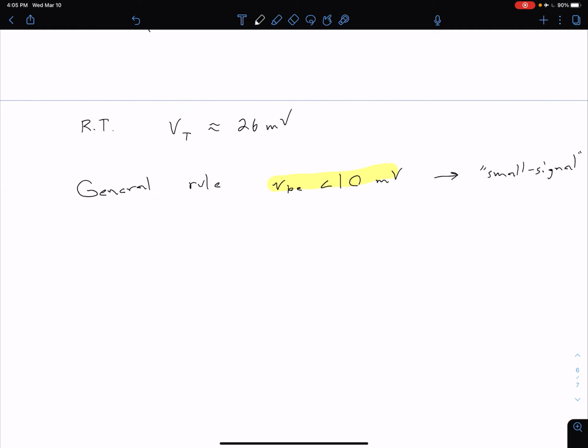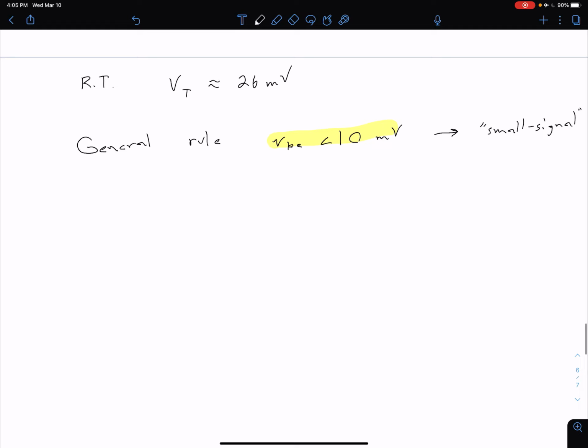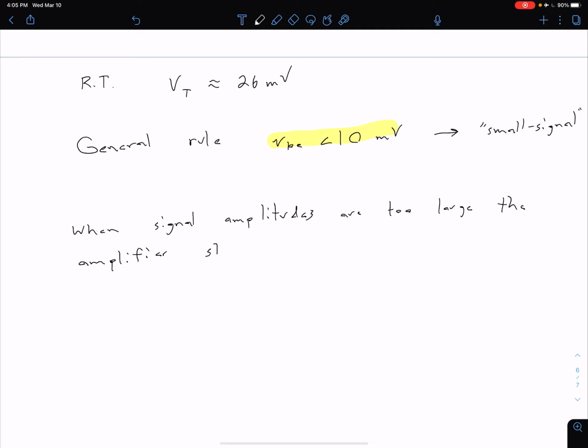And so what happens when these signal amplitudes get too large is a good question to ask. It's something that we're not going to really go into, but I want to at least briefly mention it. When our signal amplitudes are too large, what we end up getting is nonlinear behavior. So our amplifier shows nonlinear behavior, as you would expect.